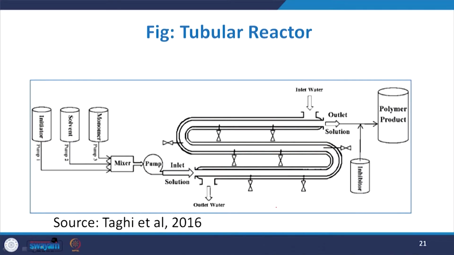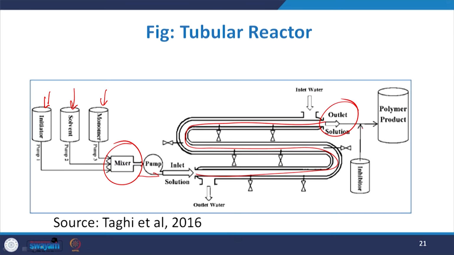Now, this is one of the examples of the tubular reactor. Here you see that we are feeding the monomer, we have the initiator, we have the solvent, they are all mixed together in a mixture, and subsequently they are pumped to this tubular reactor where they perform the formal reaction to get the polymeric product in the form of a solution.